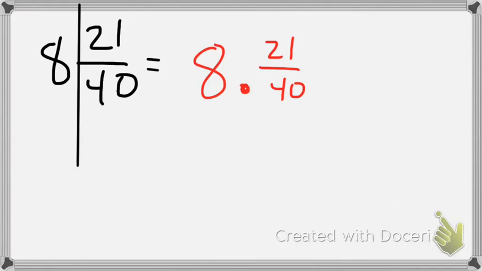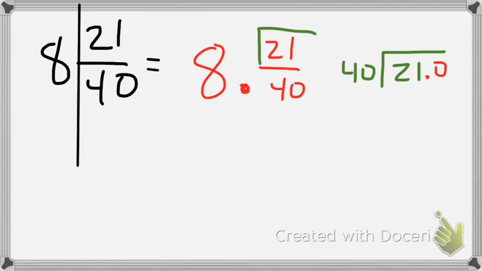But this is the part right here, 21/40, that we're changing to a decimal. And 21 is going to be divided by 40. So I cannot do that, so I have to add a decimal and a 0. And 40 goes into 210, and place my decimal up on top so I don't forget about it.